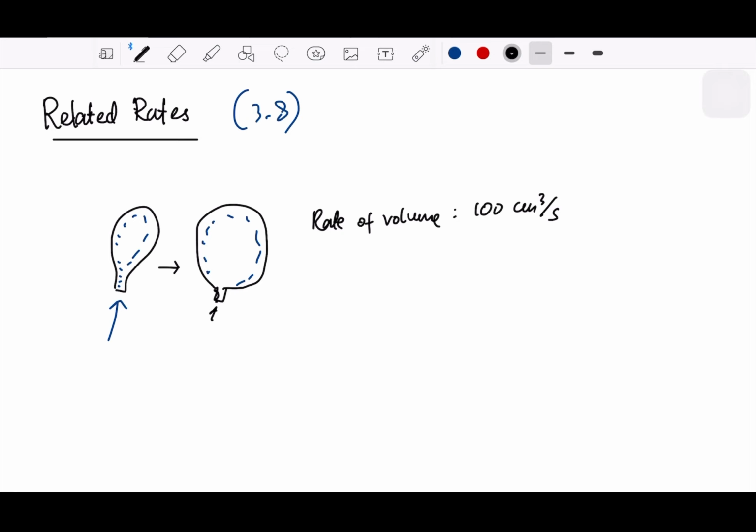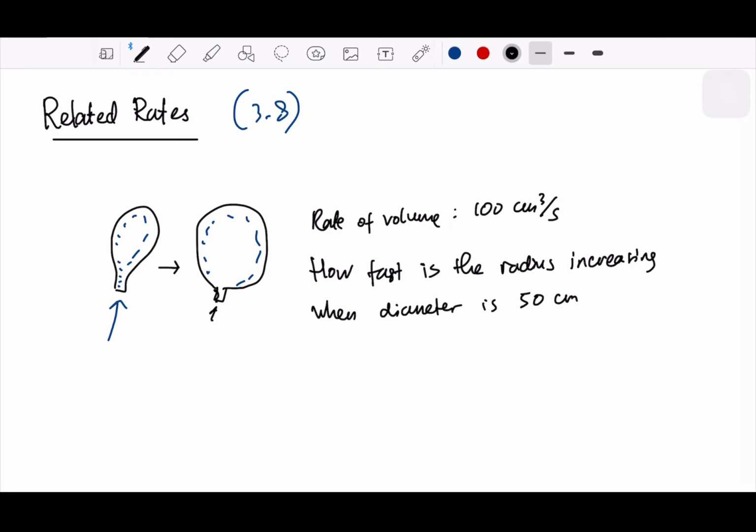So probably: how fast is the radius increasing when the diameter is 50 centimeter? Okay. I hope you don't get confused by the question here.